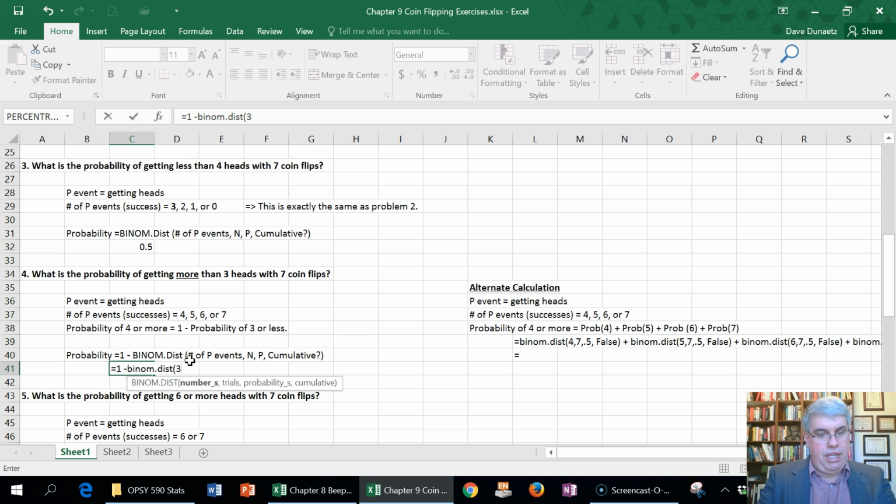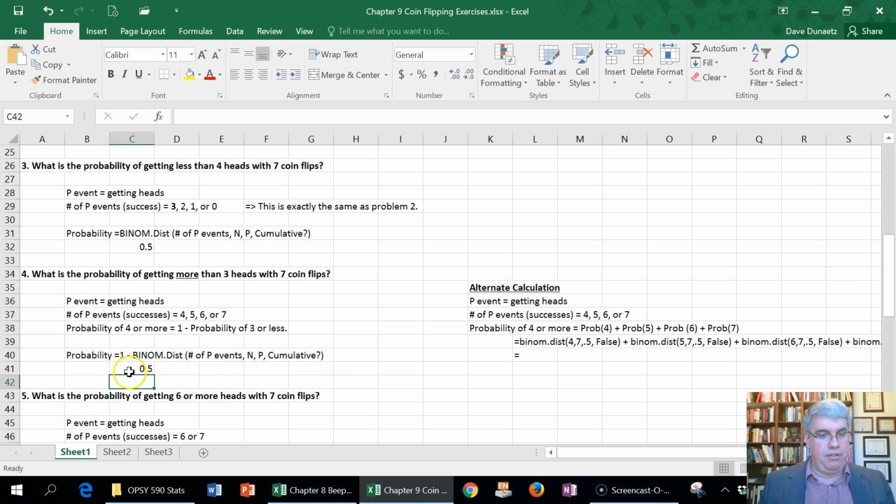So we'll do 3. N is 7 flips. P is 0.5. And the cumulative is yes, because we're calculating 1 minus the probability of 3 or less. So we'll have true, and we'll type enter. And once again, we got 0.50, which makes sense because this probability of 3 or less was 50%. So 1 minus 50% should be 50%.